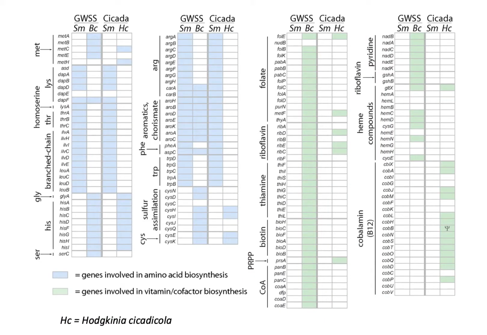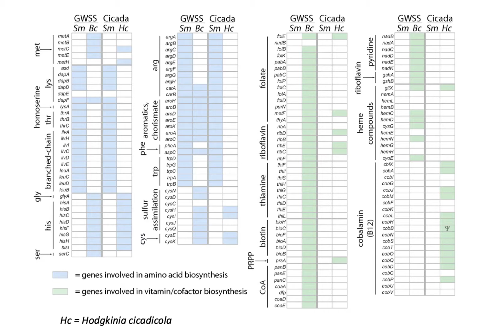This diagram shows that Solcia and Baumannii are pretty much complementary to one another as far as what they provide to the insect and to one another as well. There's a third one. The HC stands for Hodgkinia cicadicola, which was found primarily in cicadas, but also in other sap-feeding insects.